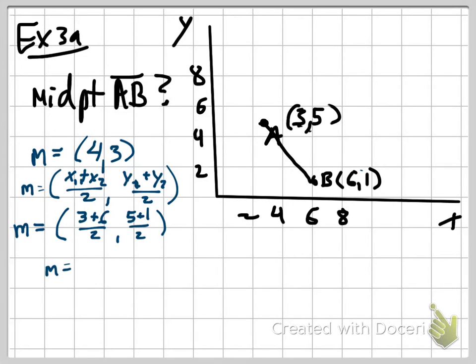So 3 plus 6 is 9 over 2, comma, 6 over 2. Oh, sorry, I said 4, 3 earlier, but it should have been 4 and 1/2, comma 3. So your midpoint equals 4 and 1/2, comma 3.